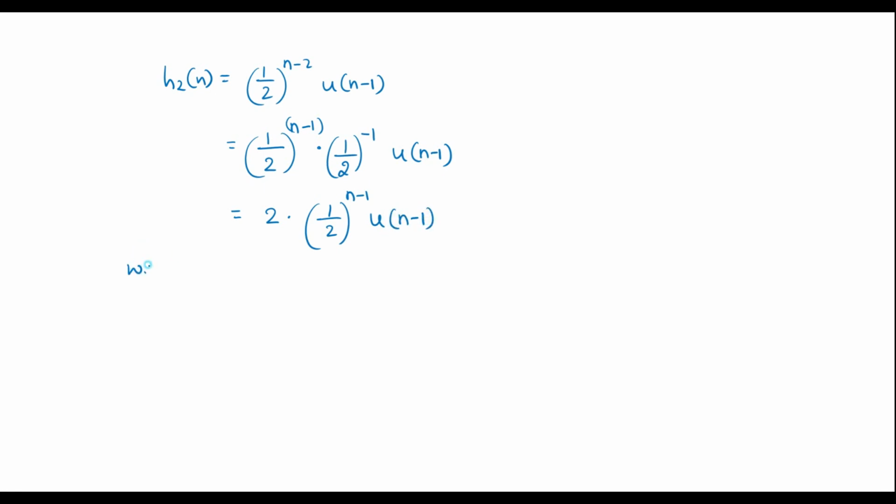We know that the z transform of alpha power n minus 1 u of n minus 1 is given by z inverse over 1 minus alpha z inverse, by the shifting property.